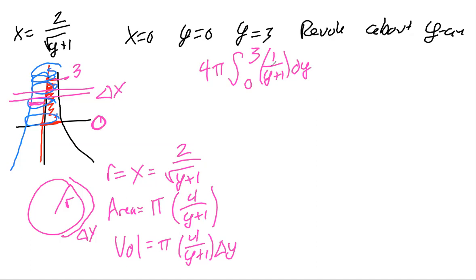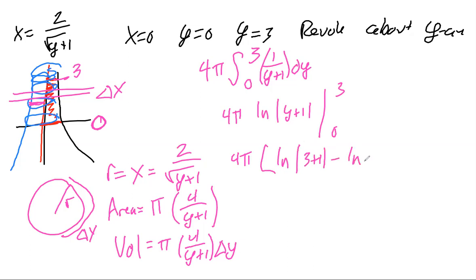Now, this 1 over a thing, the antiderivative, that's the natural log of that thing. So this is going to be 4 pi, natural log of the absolute value of y plus 1, and we're going to evaluate between 0 and 3. So our 4 pi, plug in 3, natural log of 3 plus 1, minus natural log of 0 plus 1.